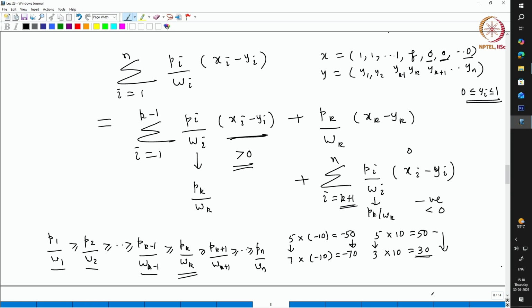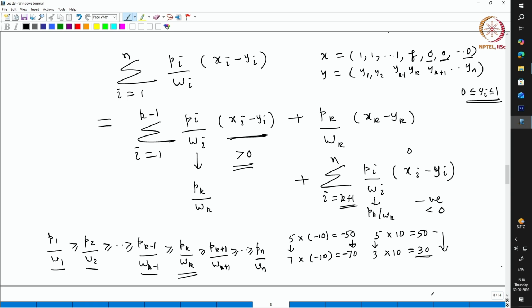The other term is negative. So the positive value is increased, the negative value is the same, things have become smaller. In other words, when I am replacing Pi by Wi by Pk by Wk, the right hand side becomes smaller. Term by term it becomes smaller.